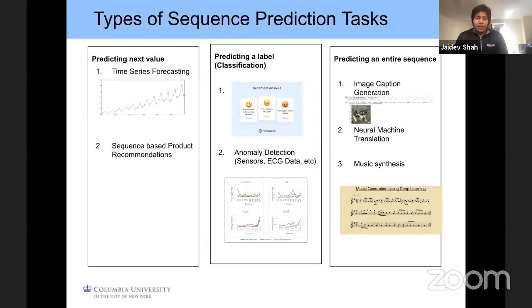So that's one of the examples of putting a label on a sequence. And we'll see a very cool use case of this later on.